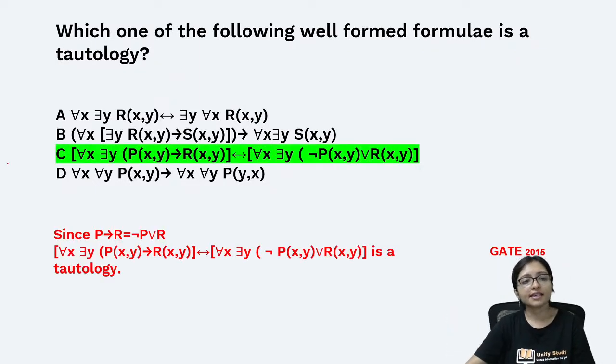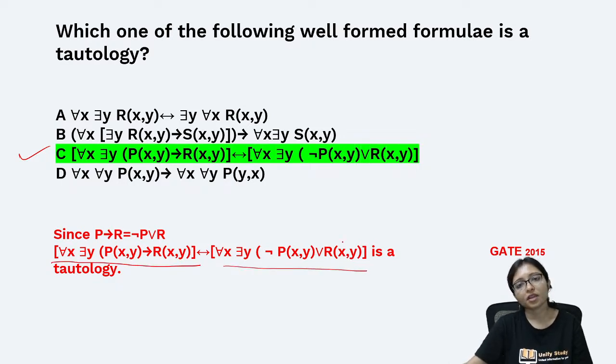Okay, yes, C is the correct answer, because tautology means what are exactly the same. This one I can represent this way, that is exactly the same. They are the same. That's why they are a tautology.